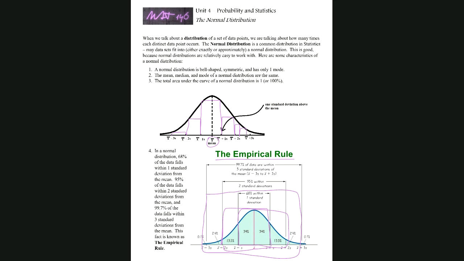Sometimes this is called the 68, 95, 99.7 rule, so that you can remember the percentages, but it's also known as the empirical rule.